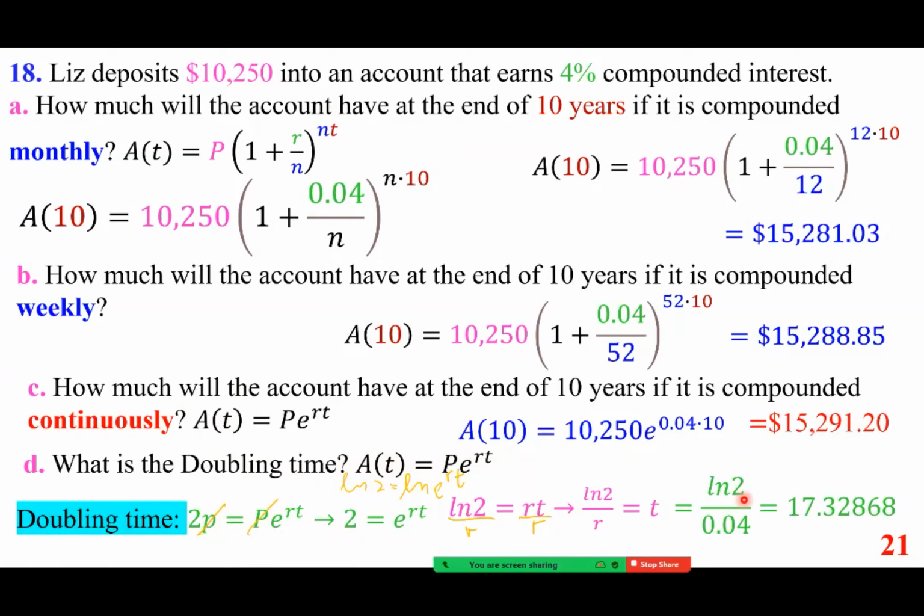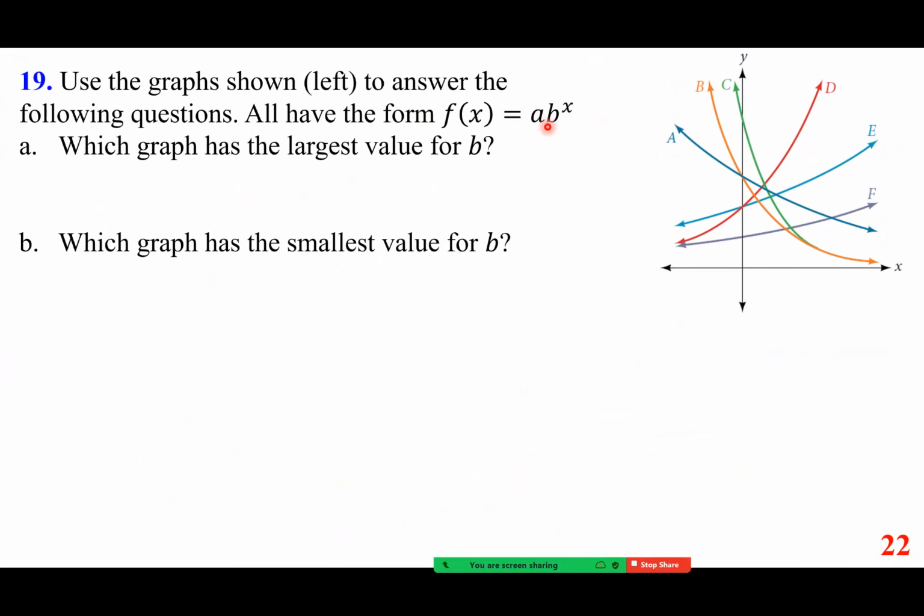Use the graphs shown to answer the following questions. All of them are in the form of A B to the power of X. Remember, it's an exponential function, and the exponential base B must be positive. If you recall, for the ones on the right side, B is larger than 1.